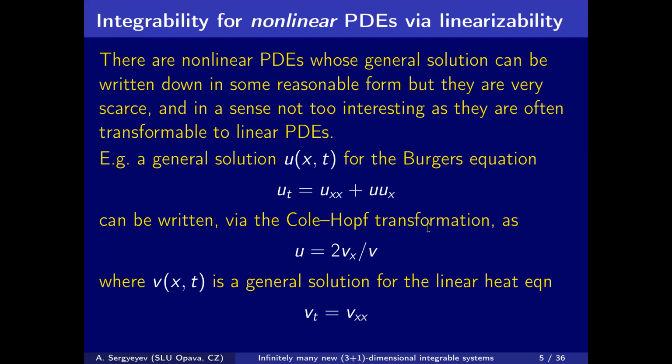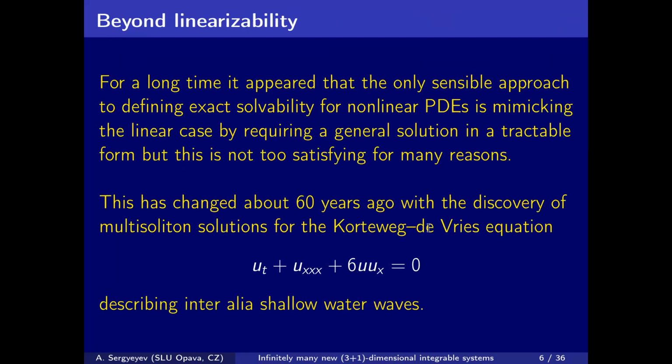But still this is not entirely satisfying, because there is of course a number of examples which behave like the Burgers equation, where we can write down a formula for the general solution, but the number of such examples is not too large.